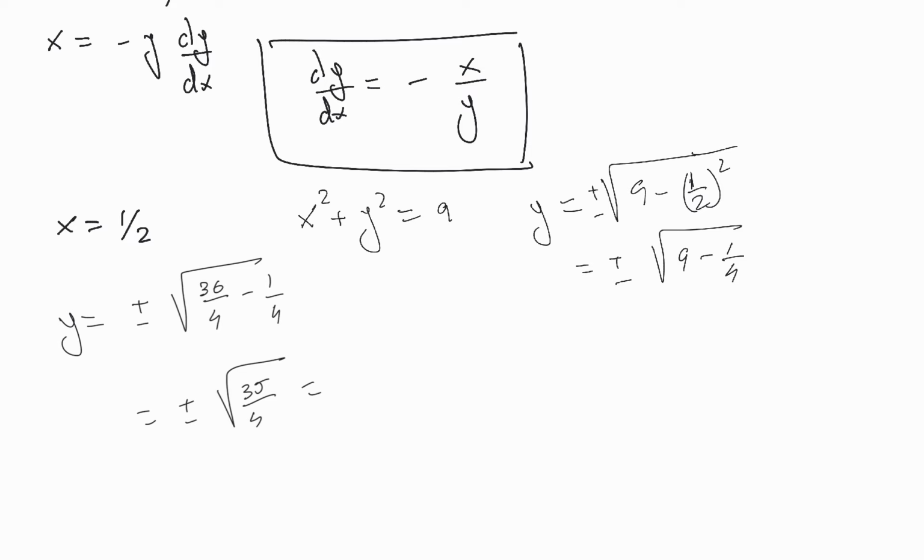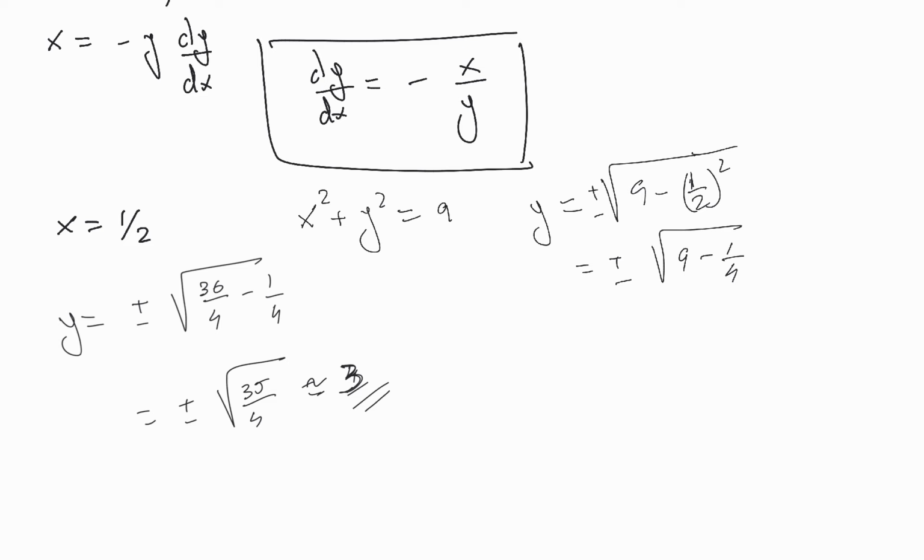So it's approximately like 4. It's not 4. The square root of 35 is about 6, and the square root of 4 is 2, 6 divided by 2 is more or less 3, sorry. Like 3, more or less. So what happens at this point?